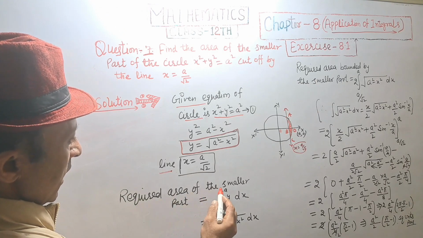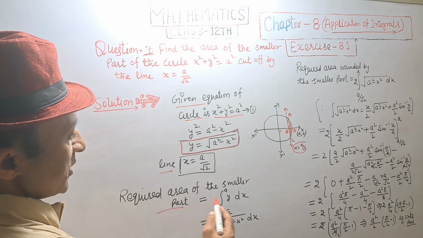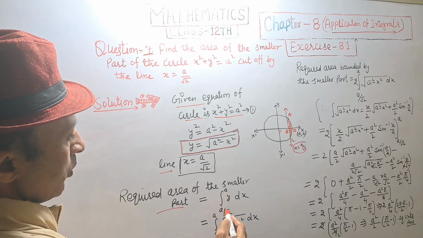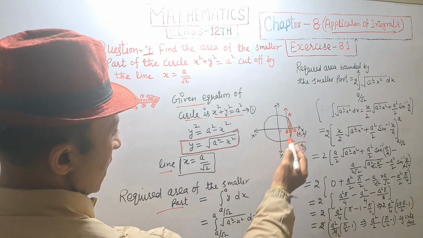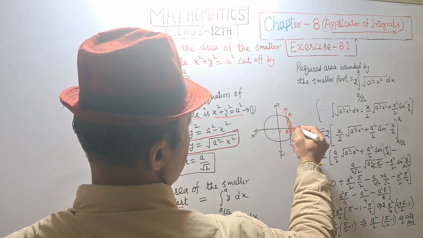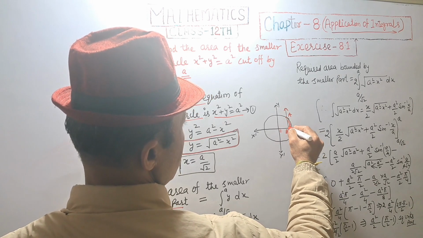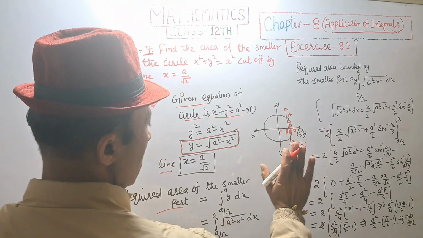So required area of the smaller part is equal to integration of a upon root 2 to a, BD and CBD both are equal.